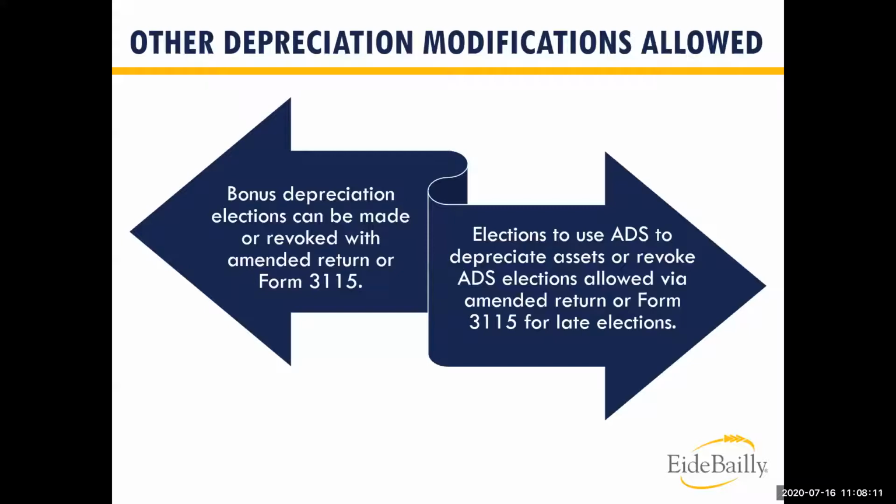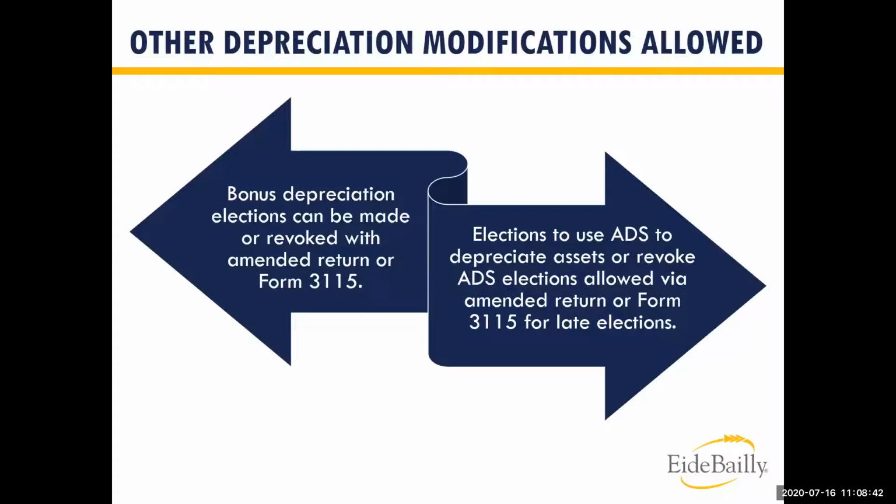In addition to the depreciation for the QIP, we also have some other changes with respect to depreciation that taxpayers may want to consider. The first one relates to bonus depreciation elections, and some taxpayers particularly may have elected out of bonus for some reason in their originally filed 2018 or 2019 tax return.